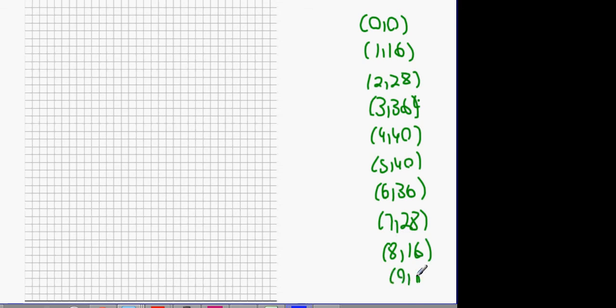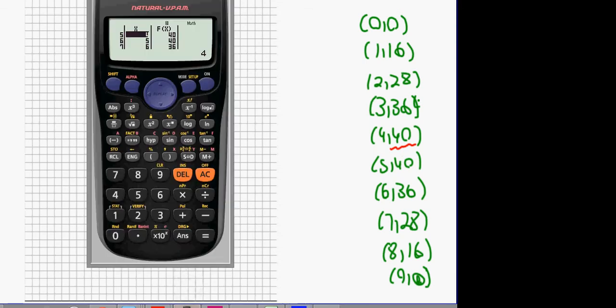Now guys, while I'm here, what point am I really interested in? I'm interested in 4.5. Why am I interested in 4.5? Because it's going to go taller than 40. It's going to be the maximum point. So how do I get that quite cheaply? Look at this.